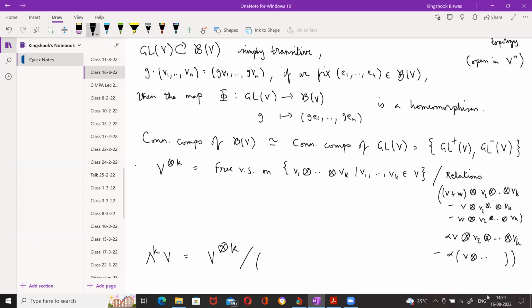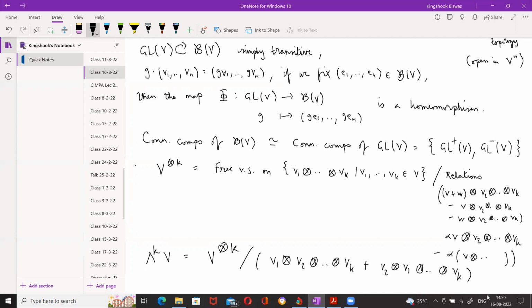So something like V1 tensor V2 tensor up to Vk in the wedge, this plus V2 tensor V1 tensor up to Vk, this should be 0, right?